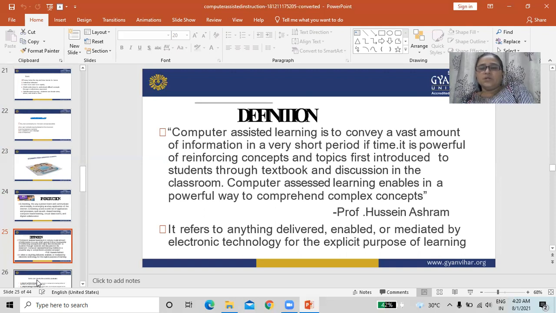Computer assisted learning enables students in a powerful way to comprehend complex concepts. It refers to anything delivered, enabled, or mediated by electronic technology for the explicit purpose of learning.